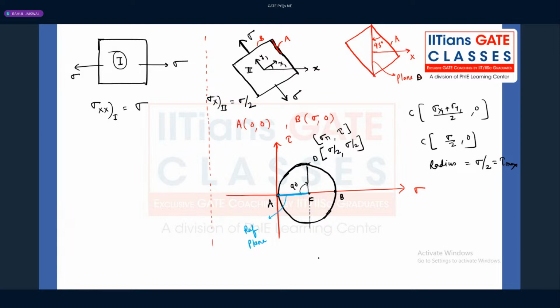The normal stress on that D plane, corresponding to the axis passing through that plane, is x. So sigma xx for configuration 2 will be sigma by 2. Then what is the net stress in the xx direction? Sigma plus sigma by 2, which is nothing but 3 sigma by 2.